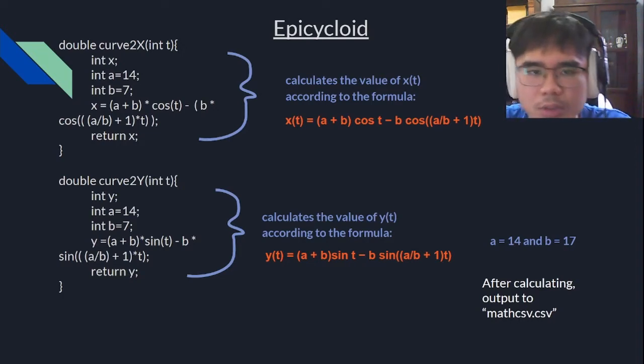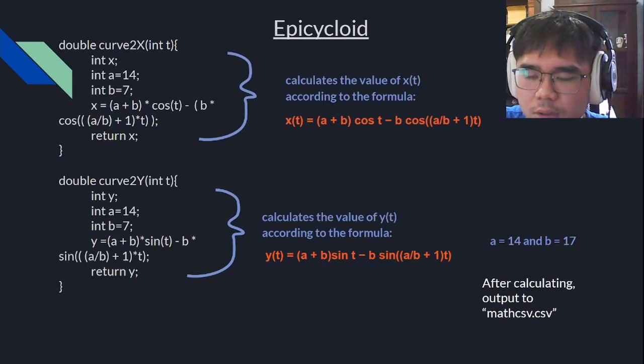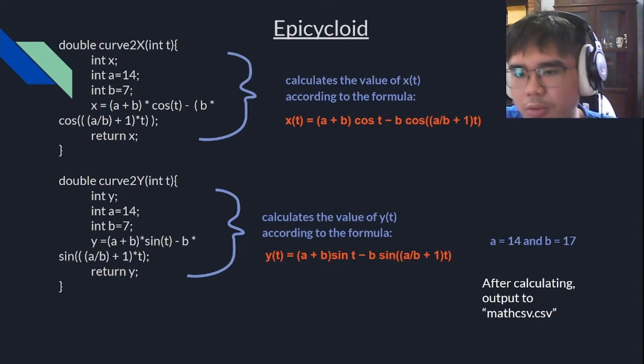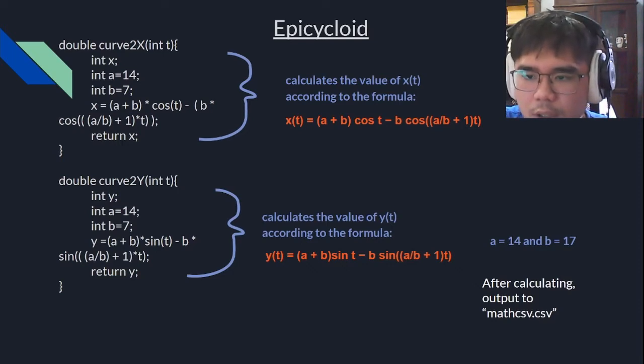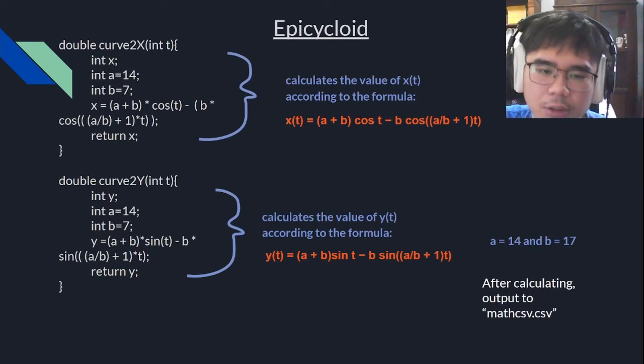The top is to calculate the x coordinate of the epicycloid. It calculates the value of x according to the formula x equals a plus b times cos t minus b times cos of a divided by b plus 1 times t. The bottom is the y coordinate calculating function.